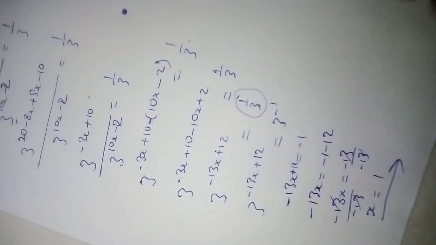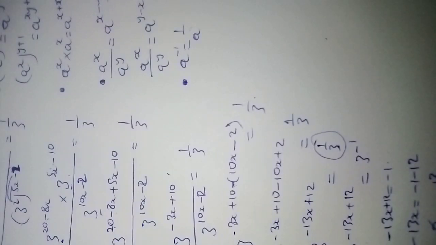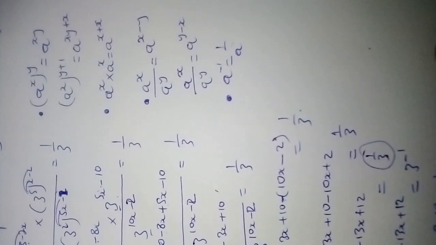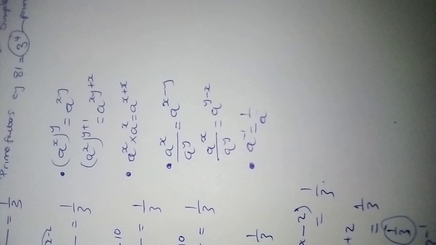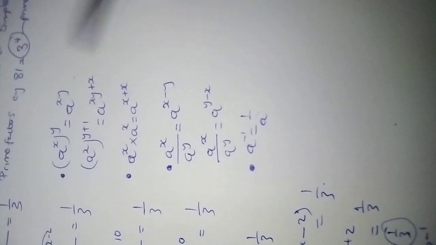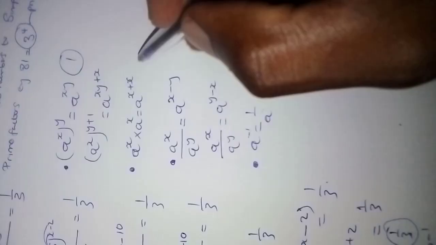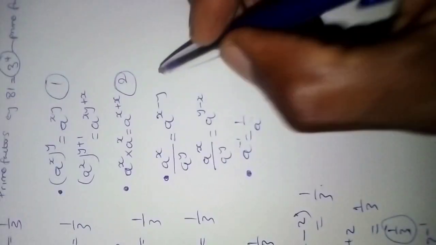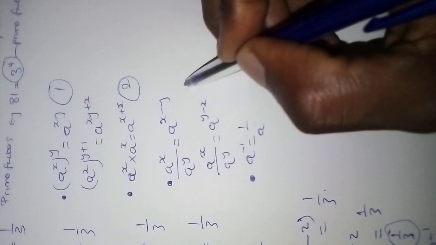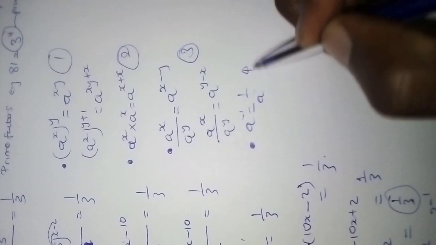Right. So when it comes to multiplication of exponential expressions, you must make sure that you apply these laws. These laws are important. Now this is the first one, this is the second one, this is the third one, and the fourth.